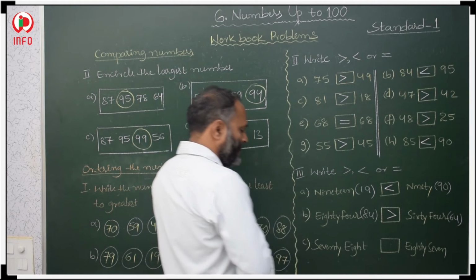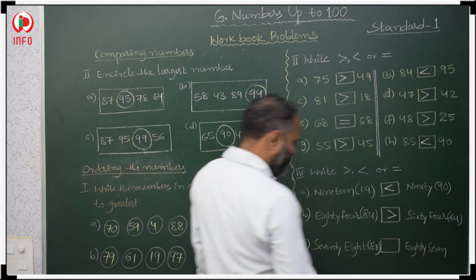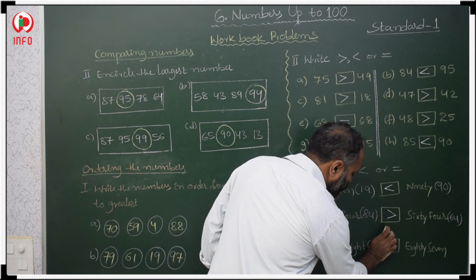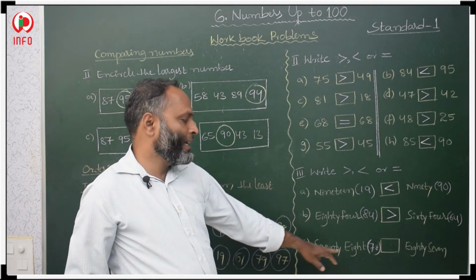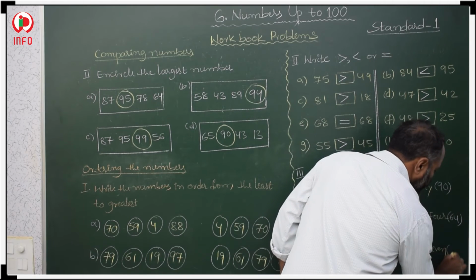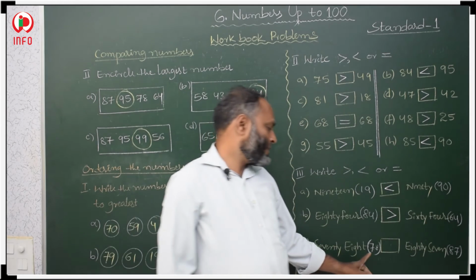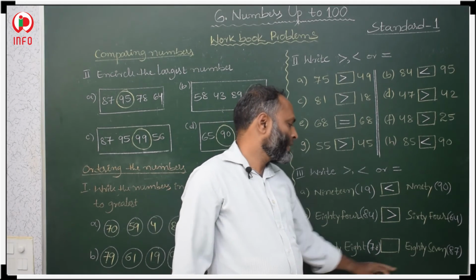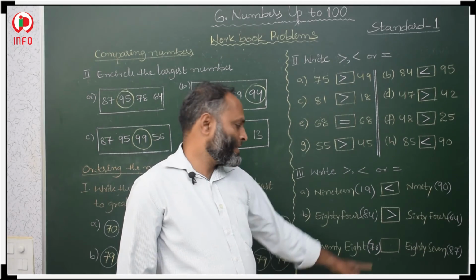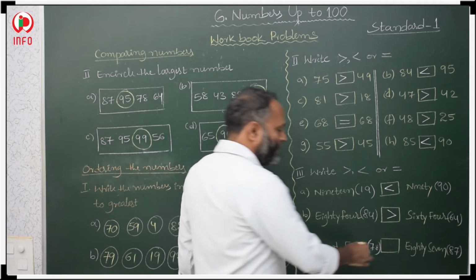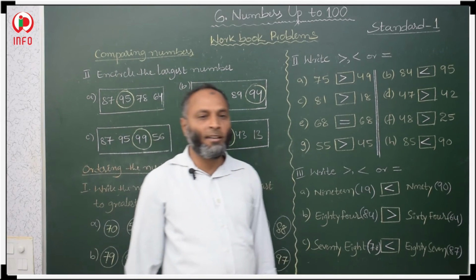Here 78, sorry, this is 78, and this is 87. In 78 and 87, compare. What is there in the tens place? 7. In the tens place, 8. In 7 and 8, which one is the least? 78. It means 78 is less than 87.